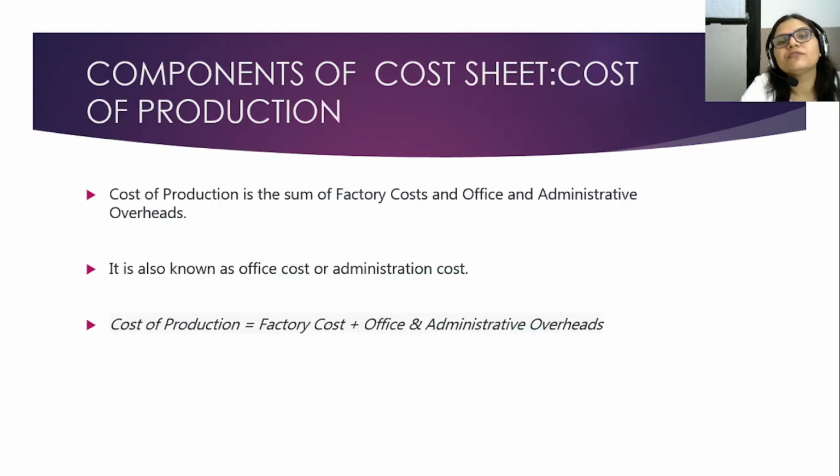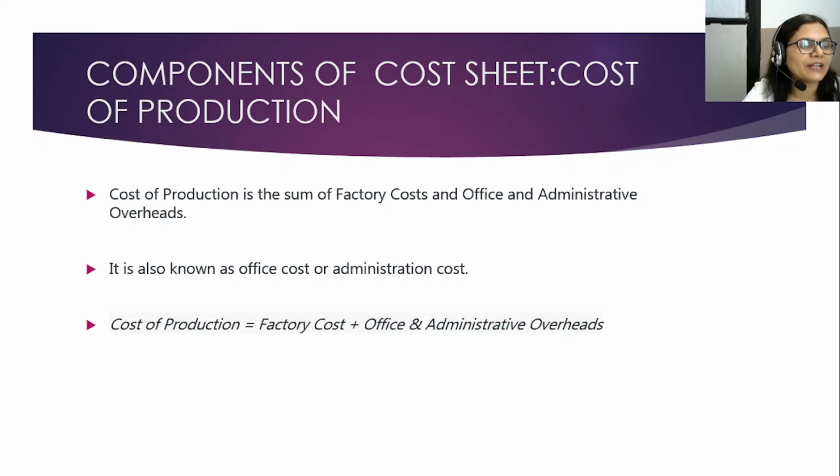Another component of cost sheet is cost of production. Cost of production is the sum of factory cost and office and administrative overheads. It is also known as office cost or administration cost. Production cost is equal to factory cost plus office and administration overheads. Office and administration overheads are the indirect expenses incurred on general management and administration functions.